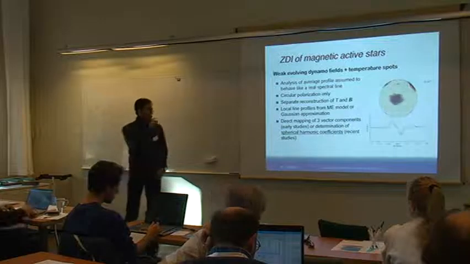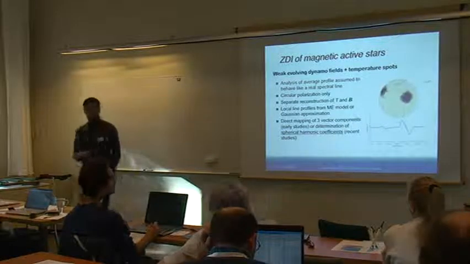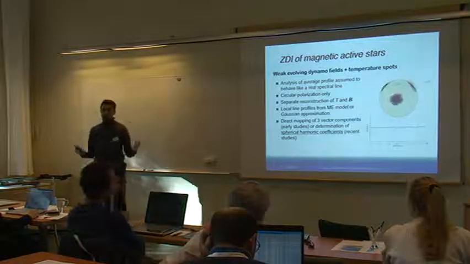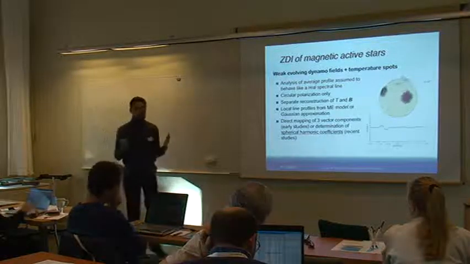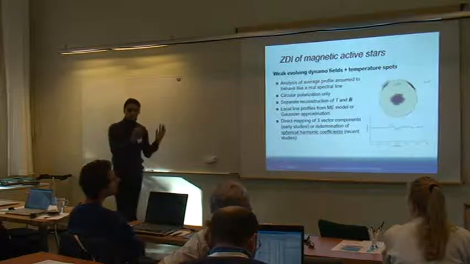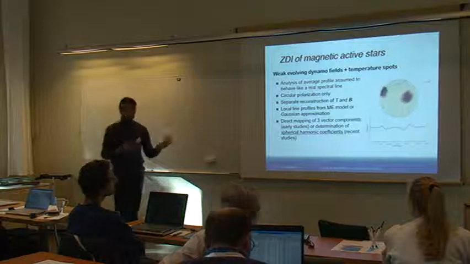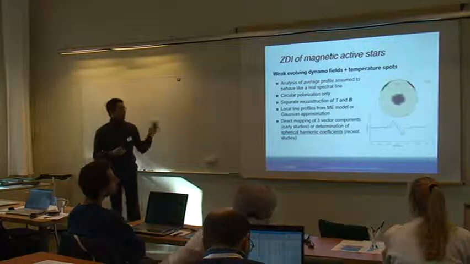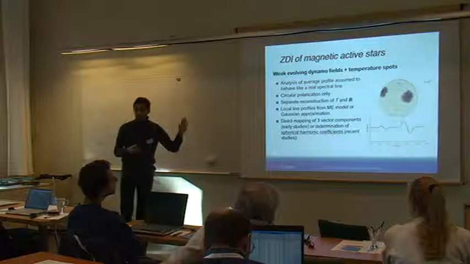And now coming to cooler stars, the overall methodology of Zeeman Doppler imaging of cool stars, the basic idea is of course the same as for hot stars, but the practical implementation is very different, primarily because magnetic fields in these stars are much weaker.